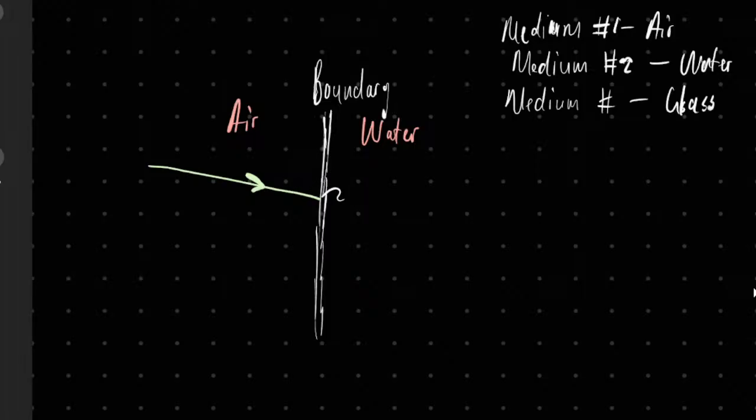What you must know is that your ray does not pass through straight like this and continue the way it was moving. This is impossible. It is going to bend. Are we together?